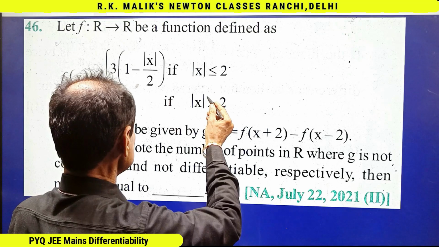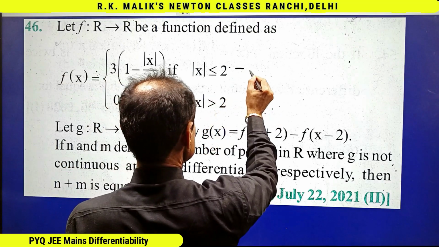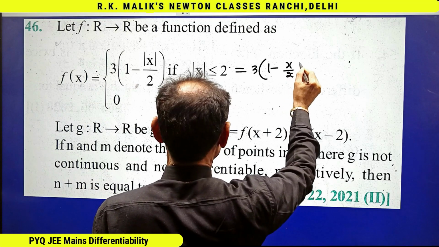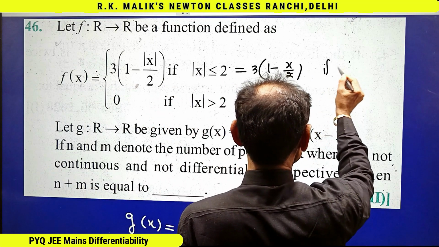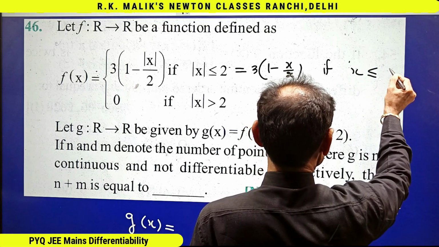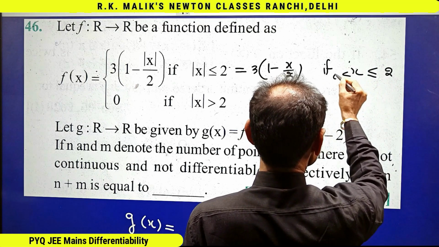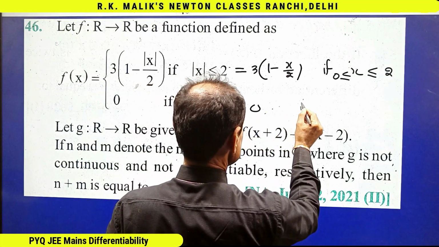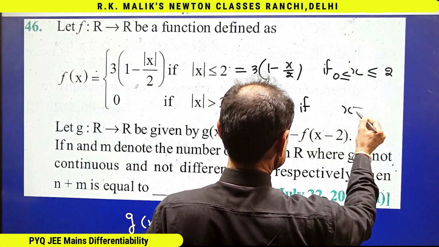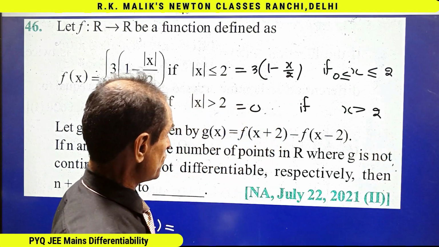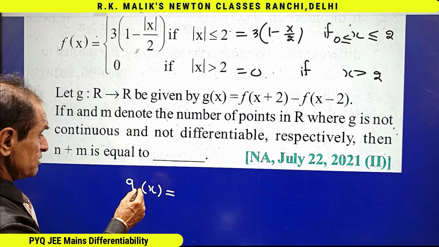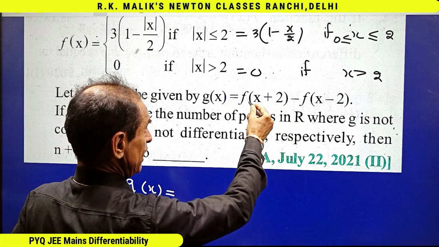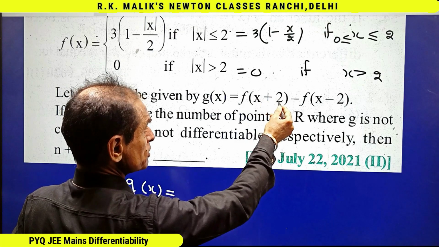And because x is positive, x plus 2 will be more than 2. For positive values of x, f is equal to 3 into 1 minus x by 2 if x is less than or equal to 2 and greater than or equal to 0, and 0 if x is greater than 2. Again, because I have supposed x as positive, x plus 2 will be more than 2.